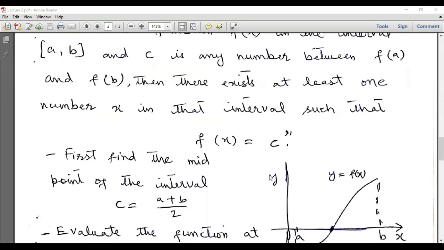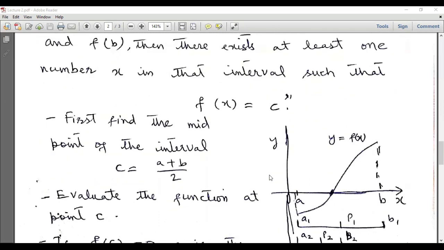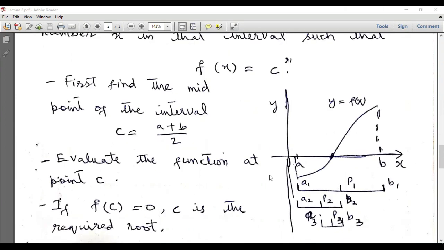In this bisection method, we have to find the root of a nonlinear equation, and nonlinear equations are those algebraic equations which cannot be solved by conventional analytical methods. For example, if we have the equation x square e raised to power x is equal to 5, or x square sine x is equal to 10, then such an equation is called a nonlinear equation because we cannot simply find the root of such equations.